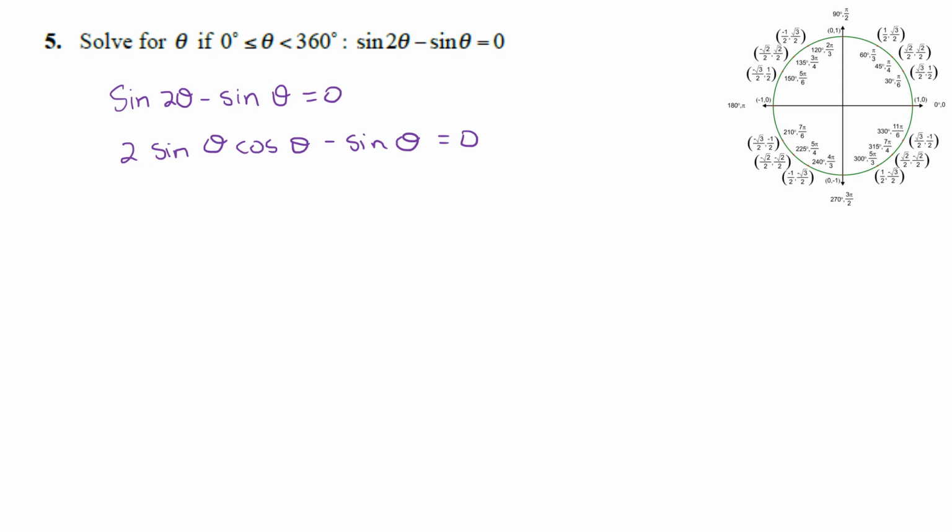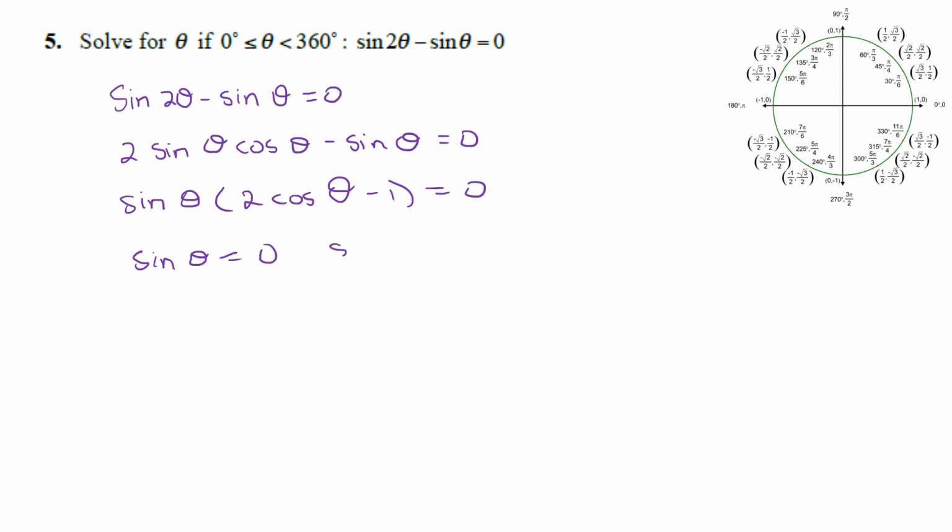Both of the terms on the left-hand side have the sine function, so let's factor that out. So that will give us sine theta times the quantity 2 cosine theta minus 1 equals 0. Since it's in factored form, I can now set each factor equal to 0.